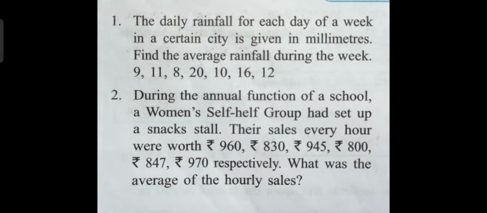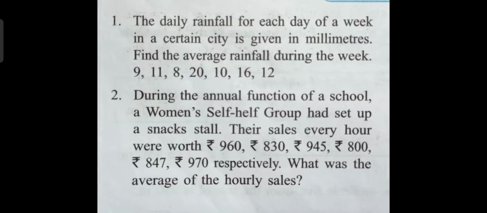Next question, that is the daily rainfall for each day of a week in a certain city is given in millimeters. Find the average rainfall during the week. Now you are supposed to find out the average rainfall during the week, and they have given the daily rainfall for each day of a week in millimeters in a certain city.